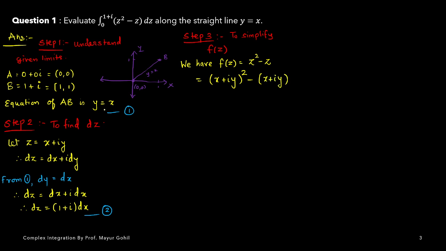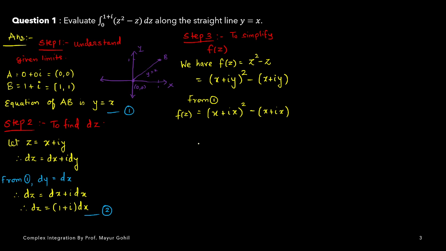Moreover, we also know from 1 that x plus iy will now become x plus ix. So f of z equals x plus ix squared minus x plus ix.